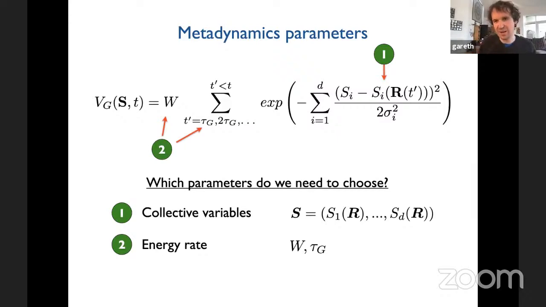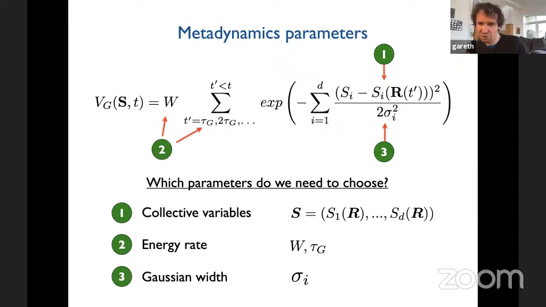You don't want to just be piling Gaussians on top of each other. And then the last parameter that you've got to control is the width of your Gaussian, and there may be more than one of these widths. So the width, the bandwidth of the Gaussian, basically the shape of the kernel that you're adding at each time. And we're going to talk about how to set those parameters in a minute.